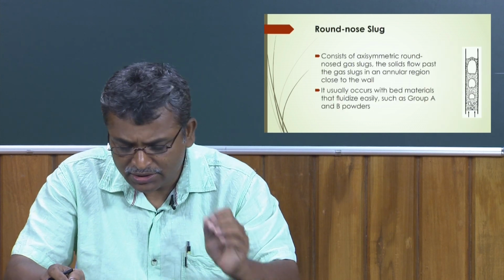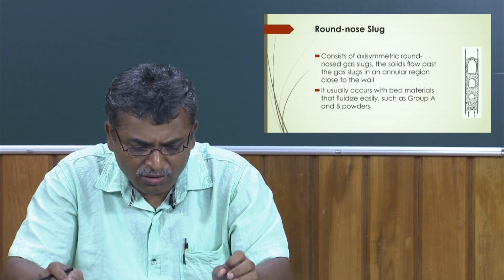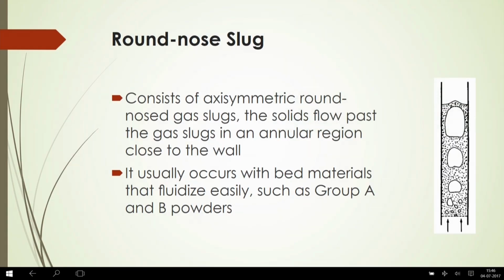In this case, the round nose slug consists of axisymmetric round nosed gaseous slugs. The solids flow past the gaseous slugs in an annular region close to the wall, shown here in the picture. It usually occurs with bed materials that fluidize easily, such as group A or group B particles as per the Geldart classification.